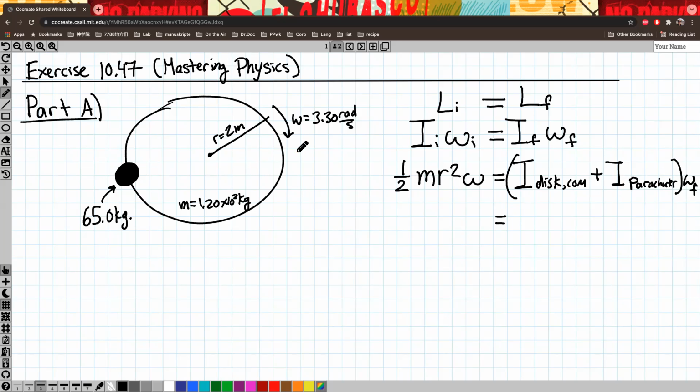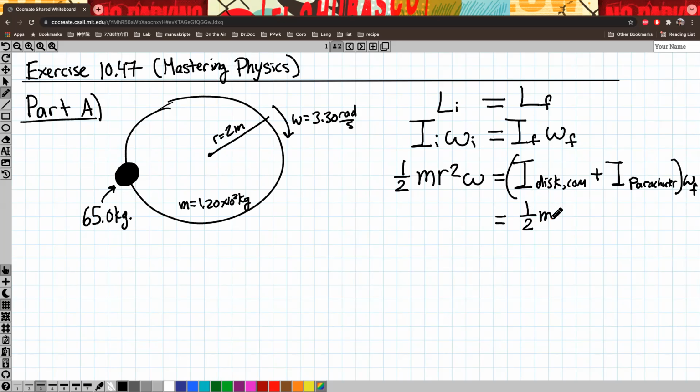So the moment of inertia after the insect lands on the fan blade is basically the moment of inertia of the fan blade plus mr squared, where m is the mass of the insect and r is the distance away from the pivot point. So if that's the case, then the inertia of the disc would remain the same.